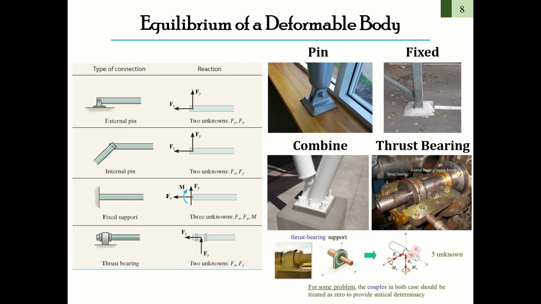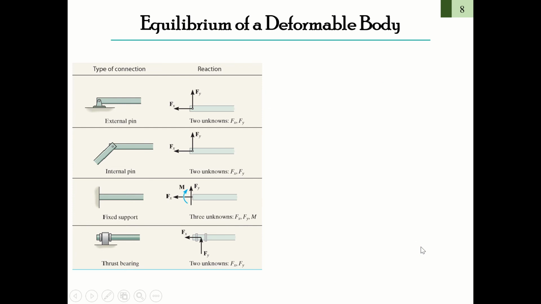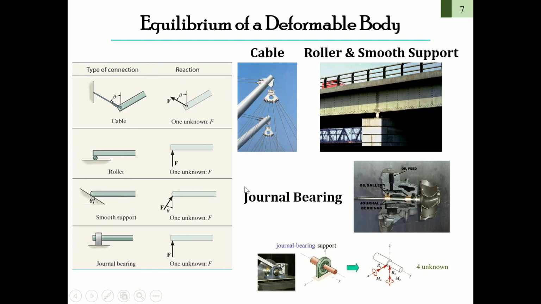You can solve these problems. This is the thrust bearing. In a three-dimensional problem it will have five unknowns, one more unknown than the journal bearing.